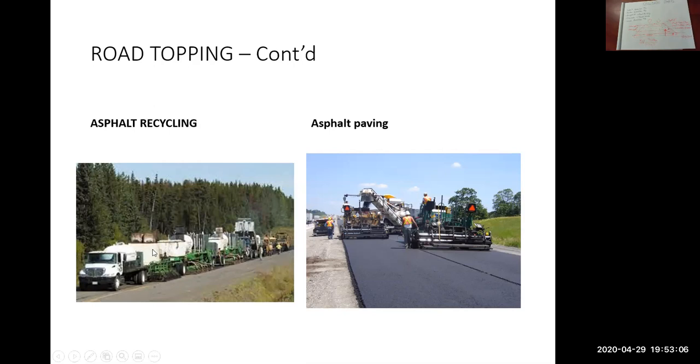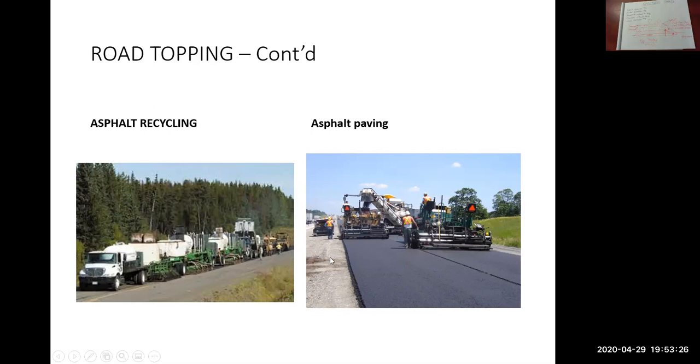So this whole train of equipment is removing some of the existing pavement surface, grinding it up, adding some additives, and then reapplying that same asphalt down. So you're basically repaving the highway using the existing asphalt.